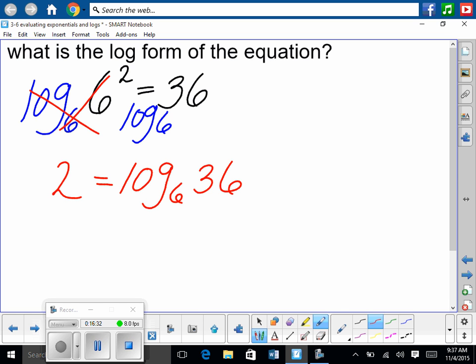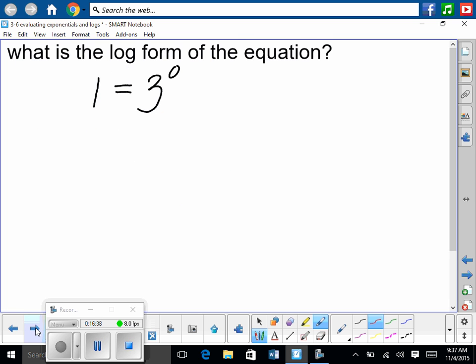Questions on that one? No? Not at all. Okay, awesome. Let's do another one. 1 is equal to 3 to the 0 power. Now everybody look carefully. This is where a lot of students make errors because they're used to seeing the base on the left side of the equation, but it's on the right. Now notice the base is always going to be what's raised to the exponent. So in this one, a lot of people tend to want to do log to the base 1, which doesn't exist.